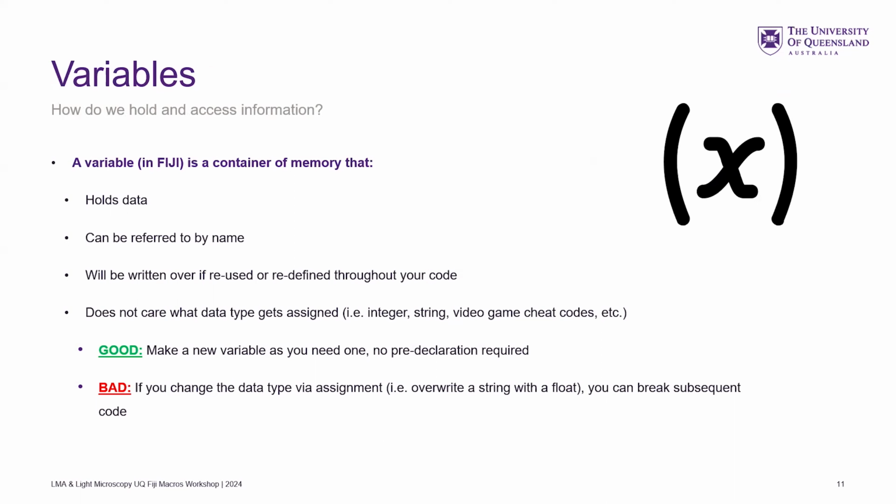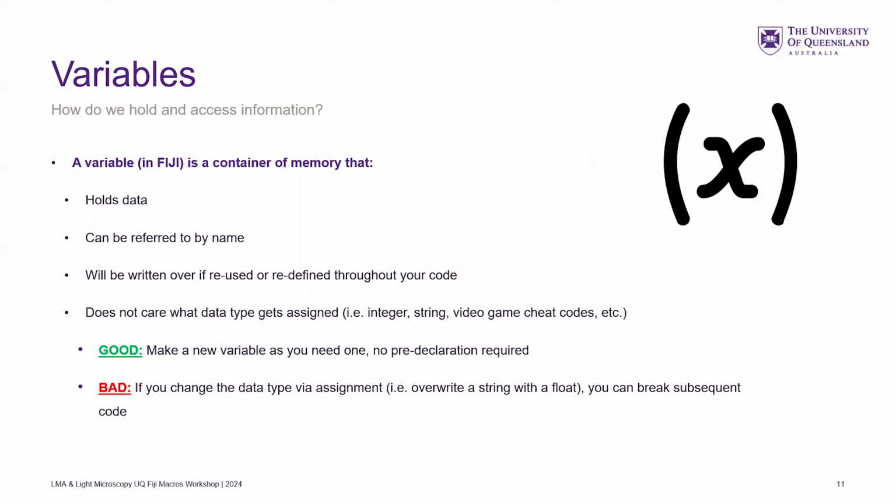The variable is number of nuclei, and it's got the integer 5 stored in it. It will be written over if you reuse that variable. If the variable is my file name and you're opening images, you want that to override itself every time it opens an image, because you can't code every single image combination.